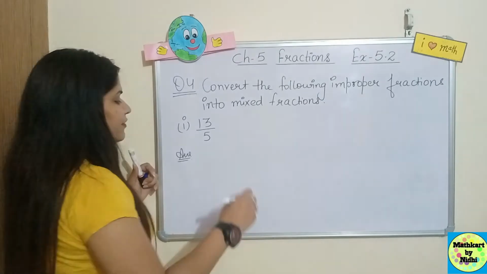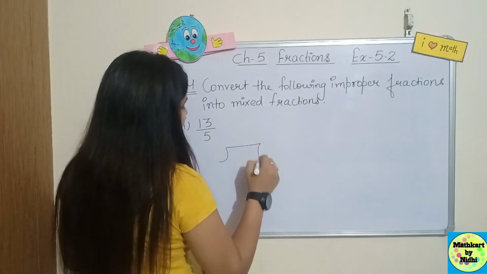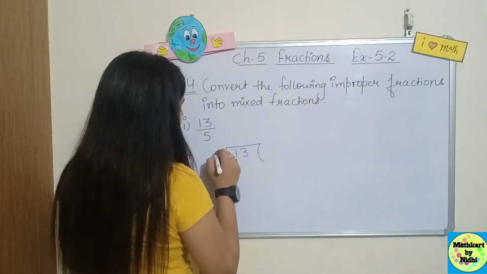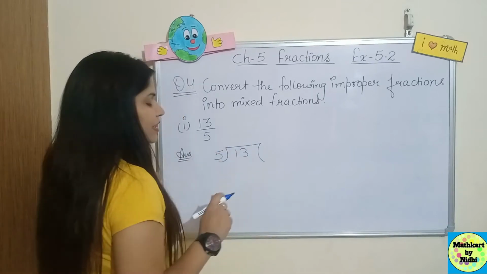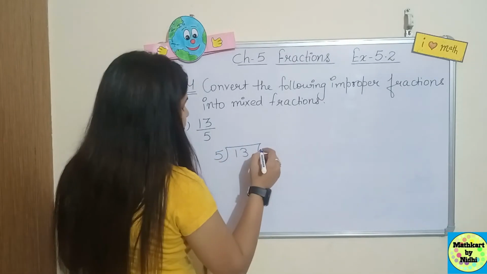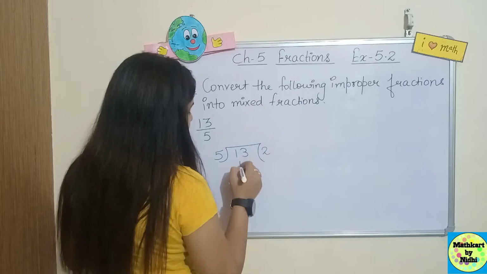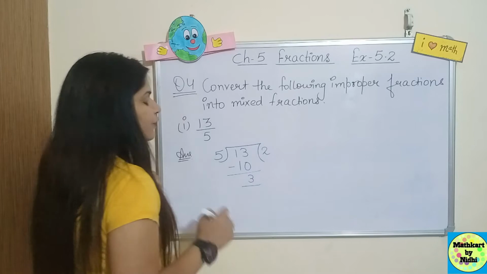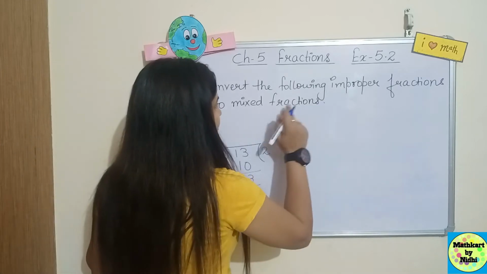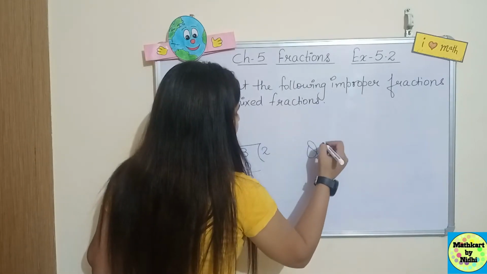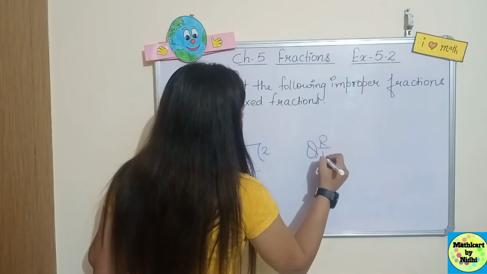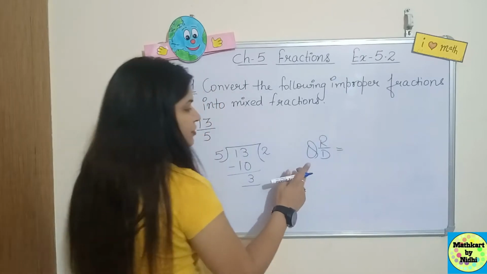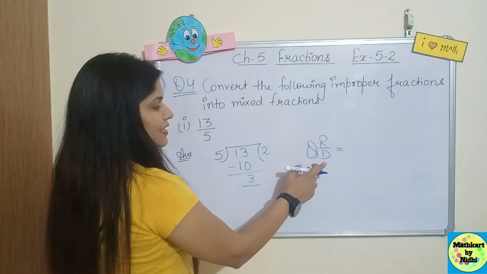For this we need to divide the numerator by the denominator, as in a simple division. 5 1s are 5, 5 2s are 10 and the remainder is 3. We always write the mixed fraction in QRD form. Q means quotient, R means remainder and D means divisor.